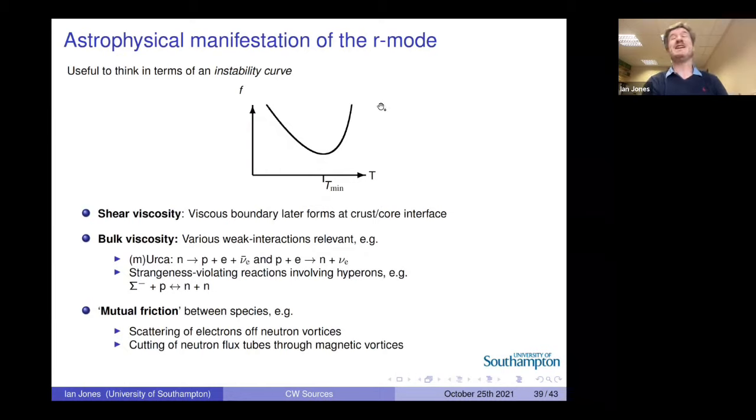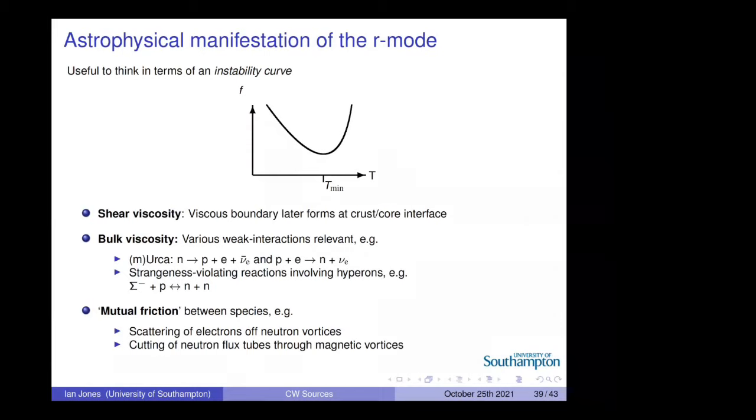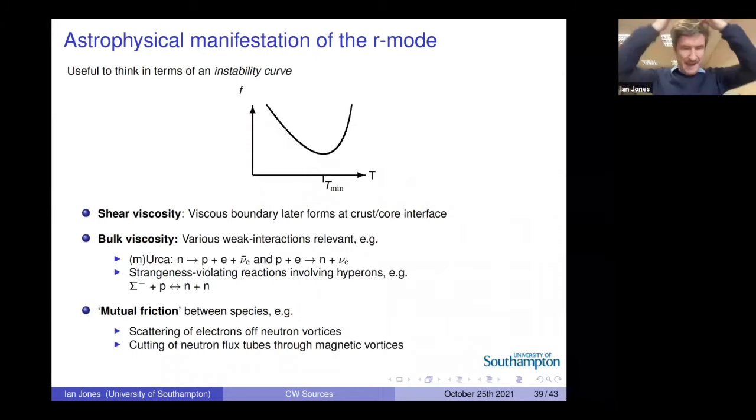And in fact, if you went to really, really high temperatures, probably too high to be relevant, there'd be another part of this curve that then comes down again, because you'd be getting so hot that you're moving away from this sort of resonance-like feature. So let me ask, does that answer the first of your questions? Yes, right. Okay, good. And then the mutual friction, so what is that about?